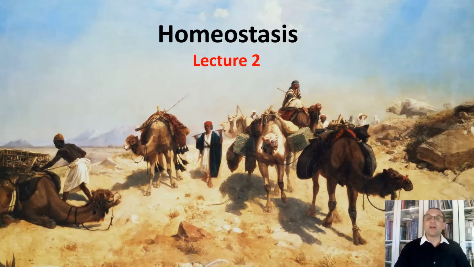In our previous lectures, we identified characteristics of living things, that is to say, we identified the difference between living and non-living things. In this lecture, we will learn what mechanisms keep living things living.